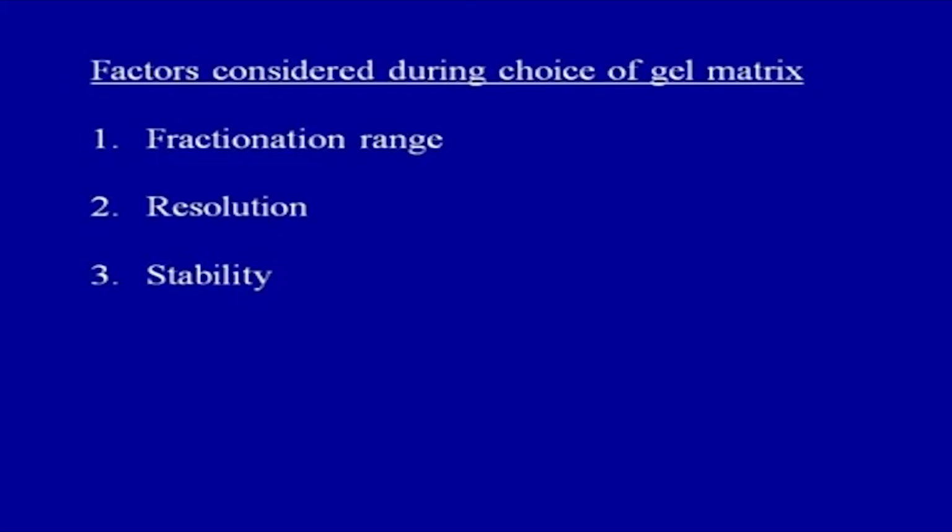When you are considering the gel matrix, among the different materials we have discussed, there are certain factors to consider while choosing one. One is fractionation range. If all proteins in a mixture are to be separated from relatively low molecular weight solutes, say your proteins are large molecules and you have to separate them from smaller molecules, then you can use small packings with small pores.